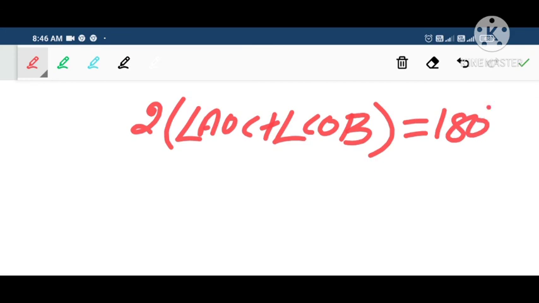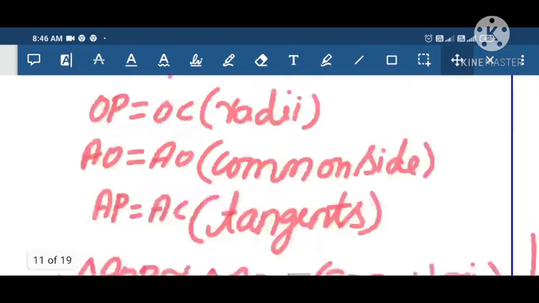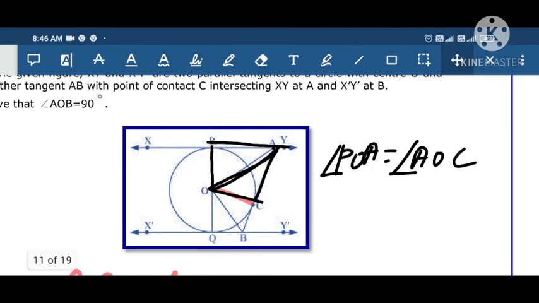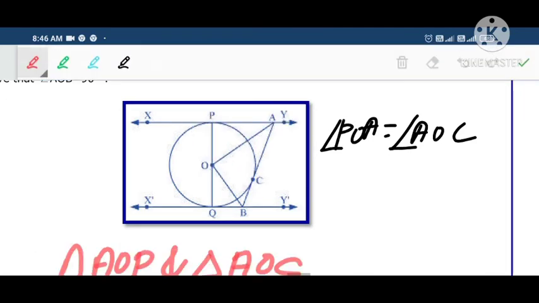Now we need to observe that figure again. Angle AOC plus angle BOC can be written as angle AOB.